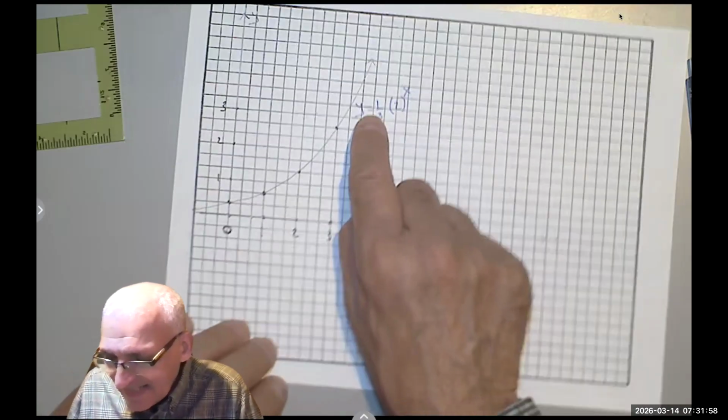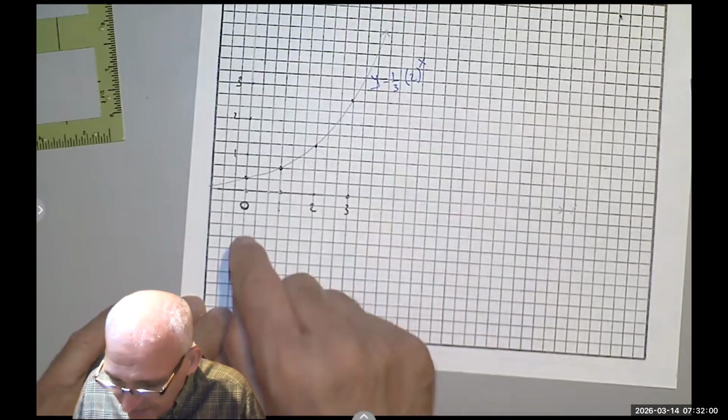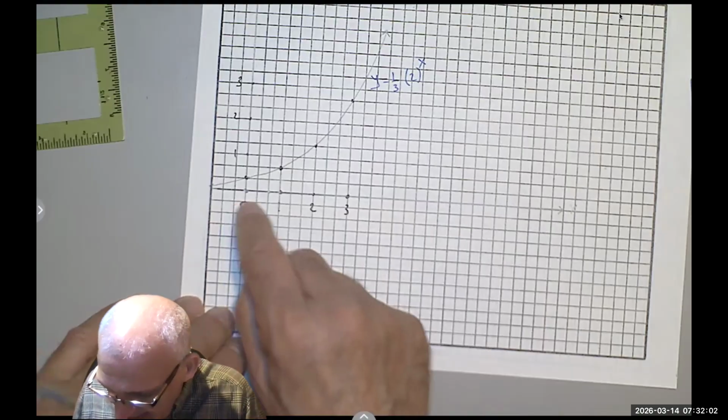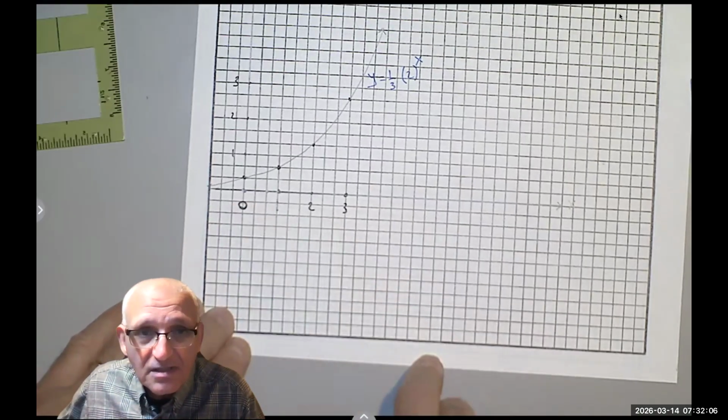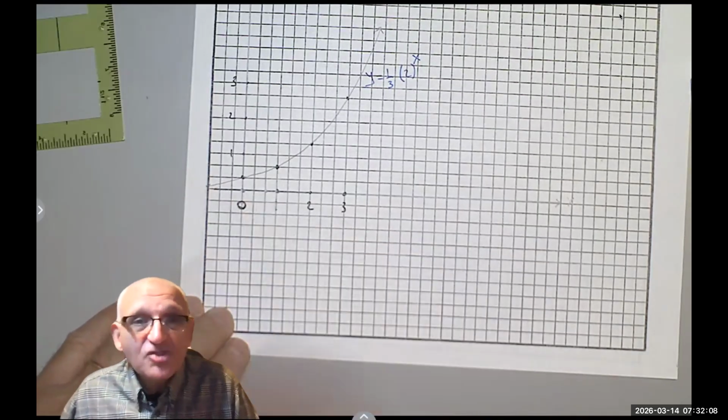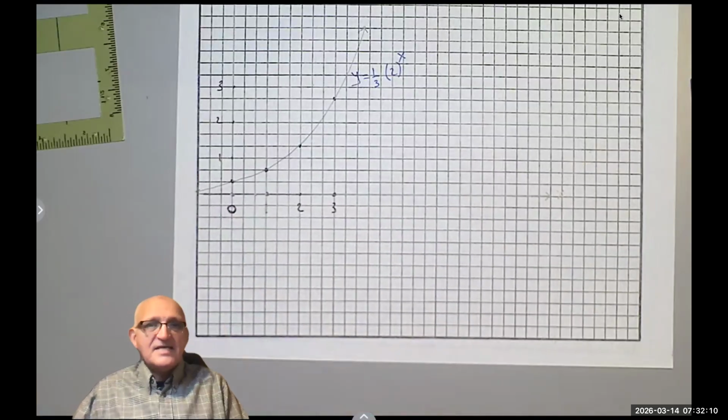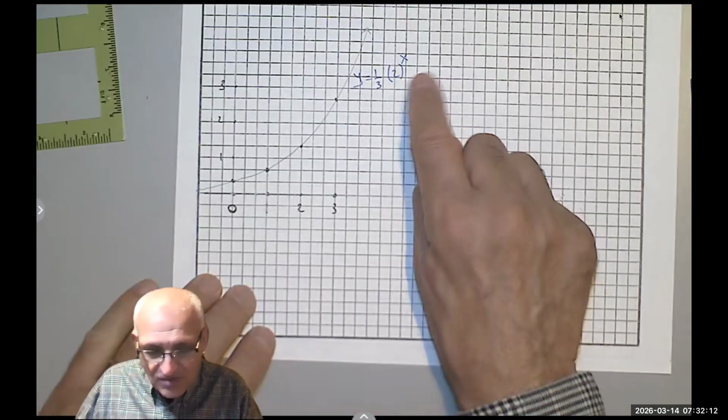Same thing, if I had made that -1/3, I would have started here, and then I would go down to -infinity eventually. But the x-axis is always going to be my asymptote, unless I add or subtract something.